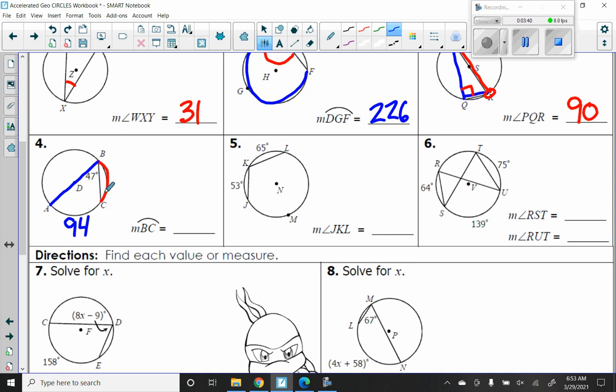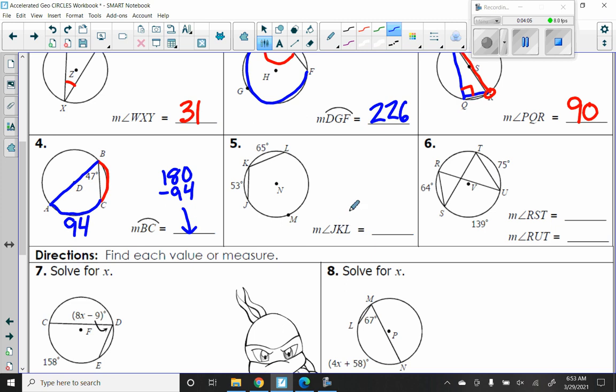So this red arc and this blue arc make a half circle. To find that arc, I'm just taking 180 minus the 94 to get that red arc. So anytime you see half circles, remember, we can go back to our old skill of half circles.